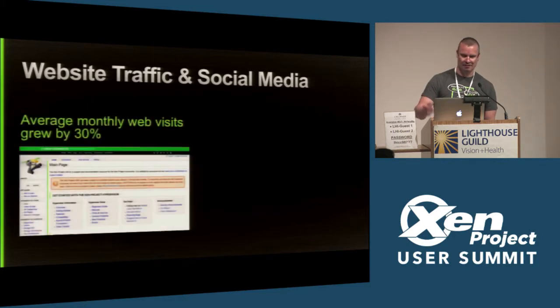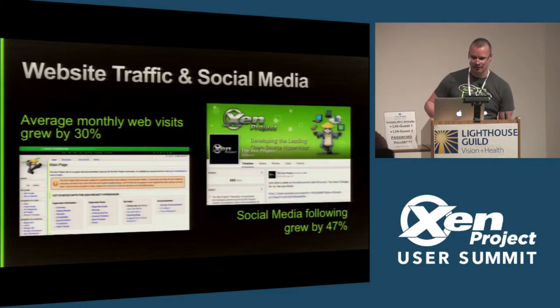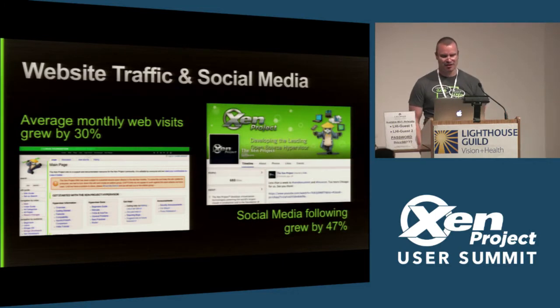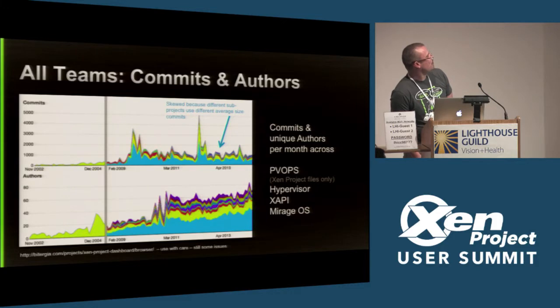If you look at website and social media traffic, our website traffic on average has been growing by 30% a month, and social media has been growing by 47%. That's quite a big improvement as well. Now, actually it's only really the graph at the bottom which is interesting.